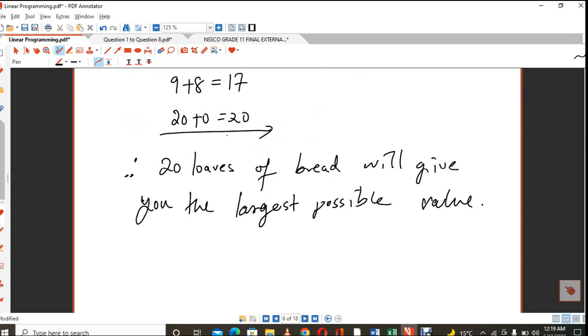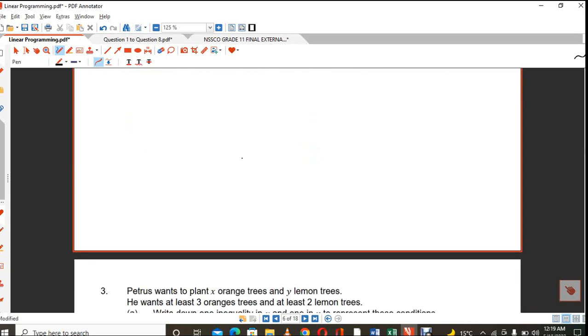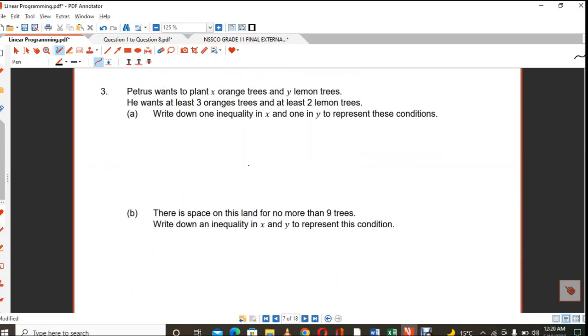All right, one more question. It says Beatrice wants to plant X orange trees and Y lemon trees. He wants at least 3 orange trees and at least 2 lemon trees. Okay, at least. I hope you still remember that one. The inequality.